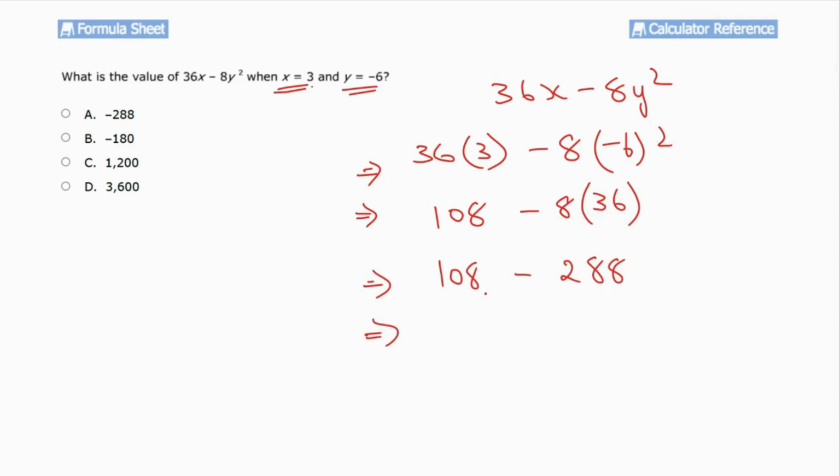And when you subtract 108 minus 288, that is going to be 180. So you can see here, this is plus and this is minus. So you will be doing the subtraction and the answer will always be negative because the highest number is a negative number here. So the answer is going to be minus 180.